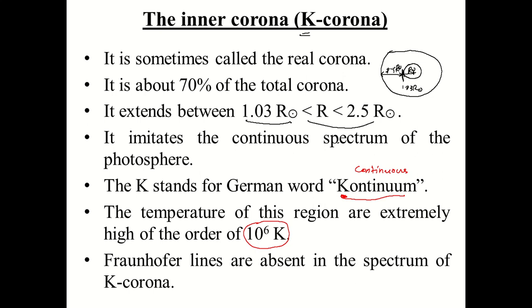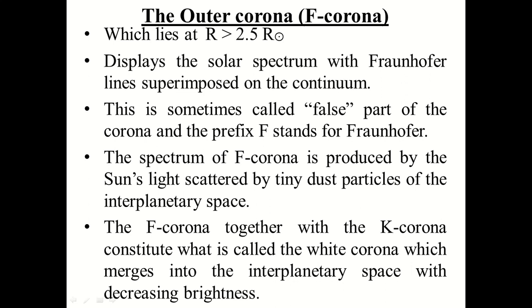If you observe the continuous spectrum of a material, sometimes we can see sharp lines in it, and those sharp lines are called Fraunhofer lines, which are particular characteristics of the particular elements present in that medium, and those sharp lines are absent in this part of the coronal spectrum, that is called inner corona.